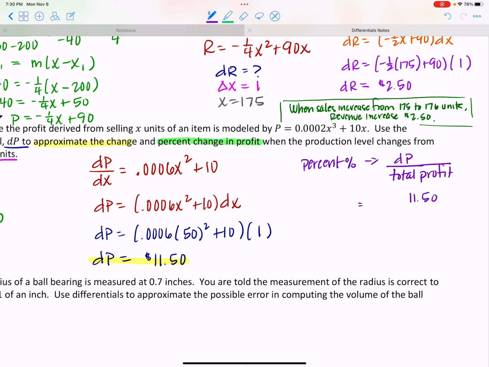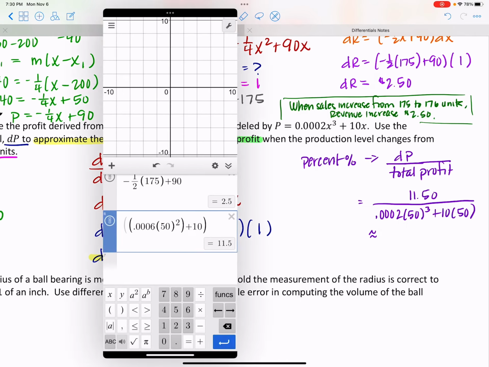The total profits at 50 I can find by evaluating my actual profit function at 50. So this little change divided by what happened total should give me that percent change. So I have 0.0002 times 50 cubed plus 10 times 50, and I'm just going to say that's going to be an approximation.